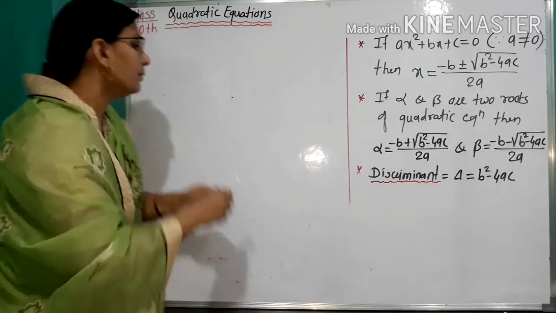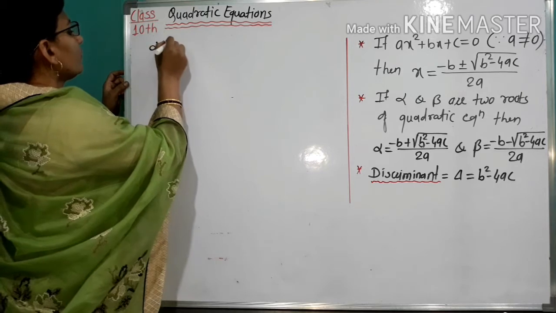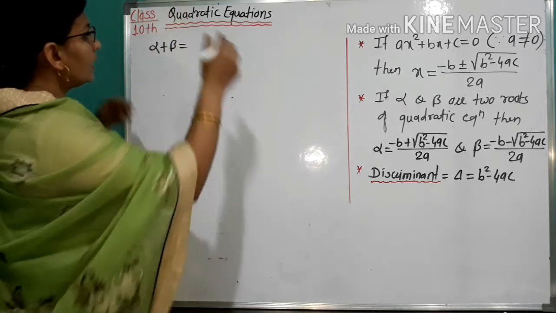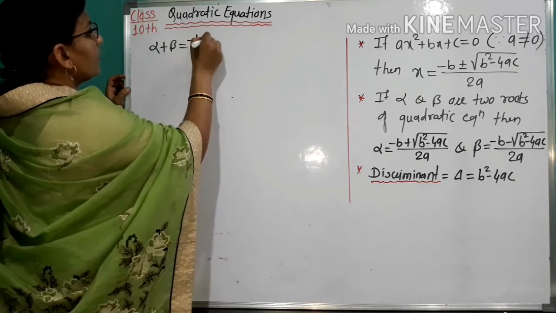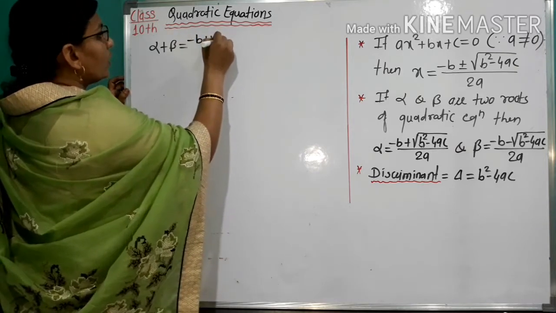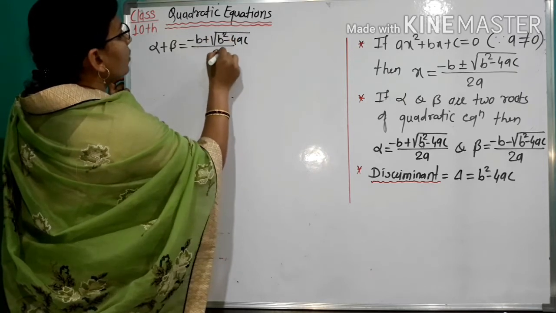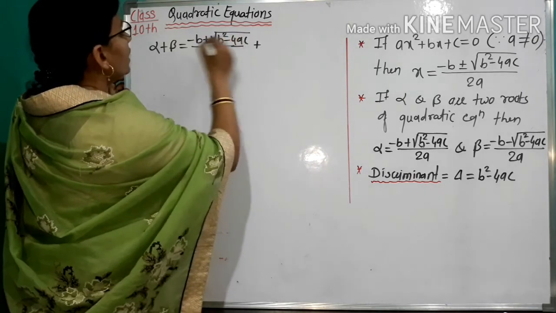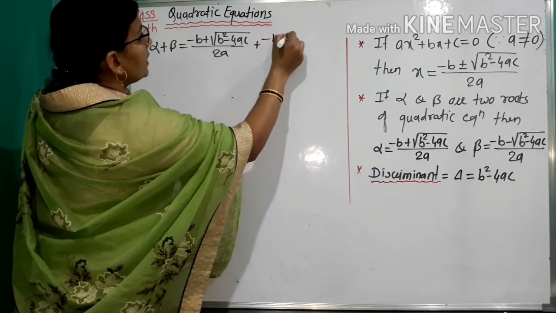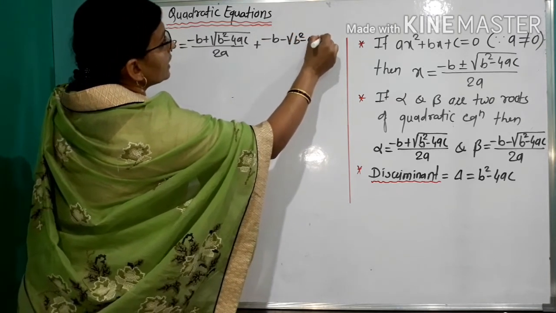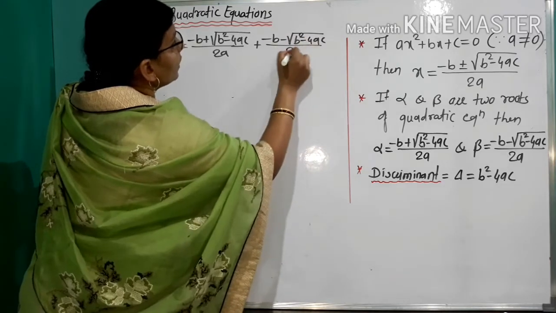Alpha plus beta equal to, put the values of alpha, that is minus b plus square root of b square minus 4ac divided by 2a, plus put the value of beta, minus b minus under root b square minus 4ac divided by 2a.